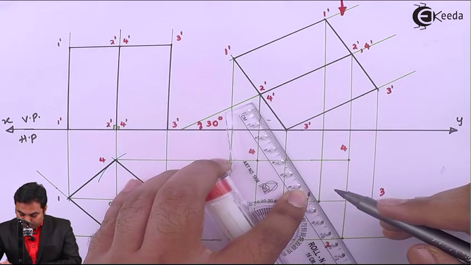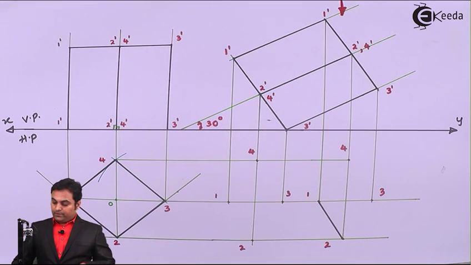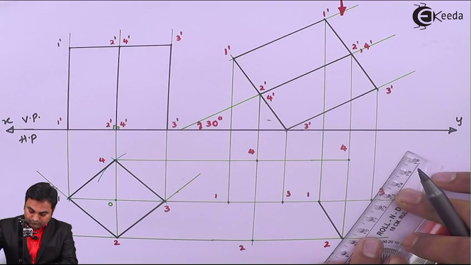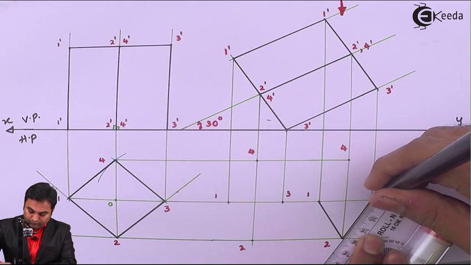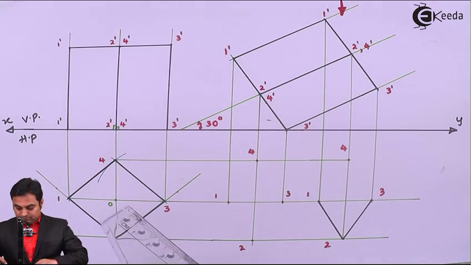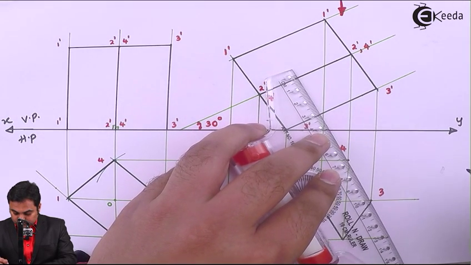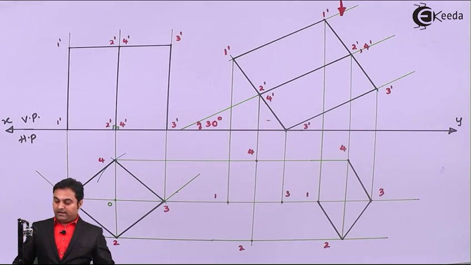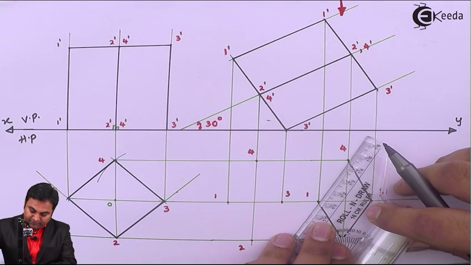So from 1 to 2, then 2 to 3, next 3 to 4, and 4 to 1 is a complete square face.